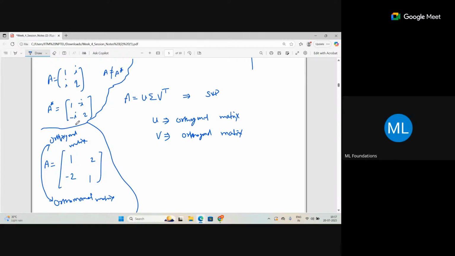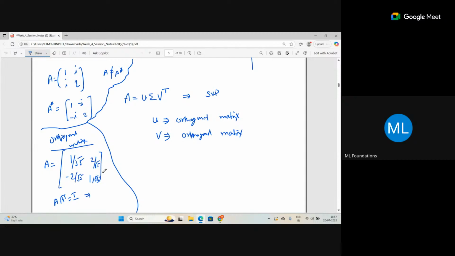Most of the time people use these conditions interchangeably. For example, when we talk about an orthogonal matrix, we say A transpose A equals I, and if this is true, then this has to be 1/√5, minus 2/√5, 2/√5, and 1/√5.